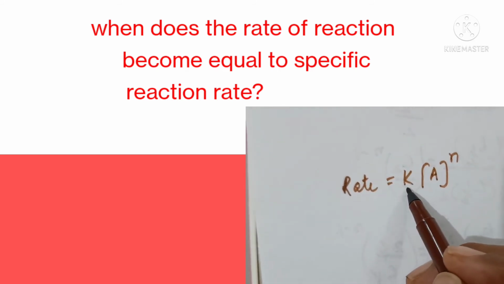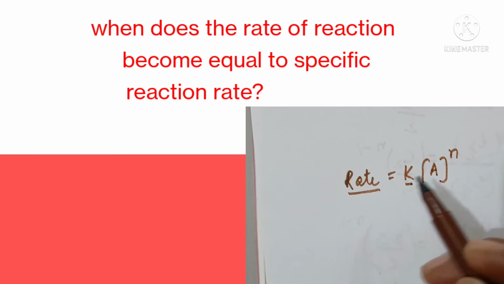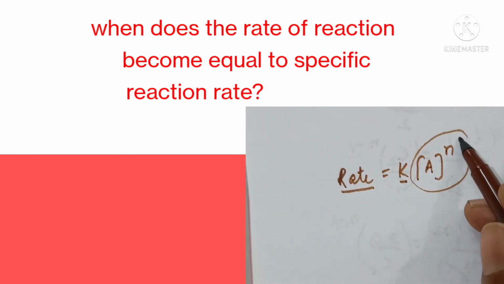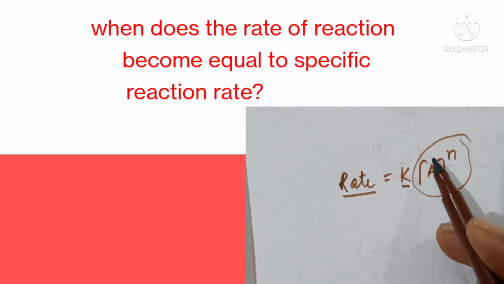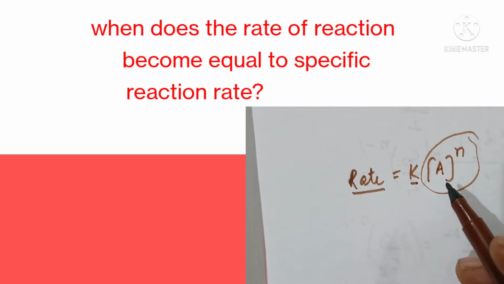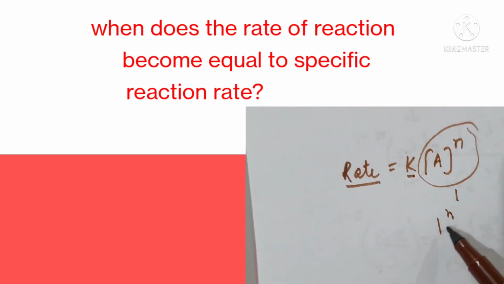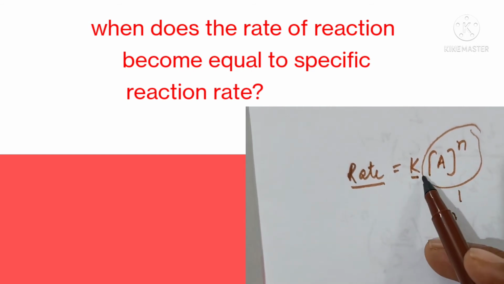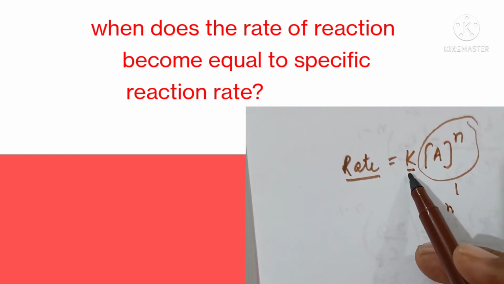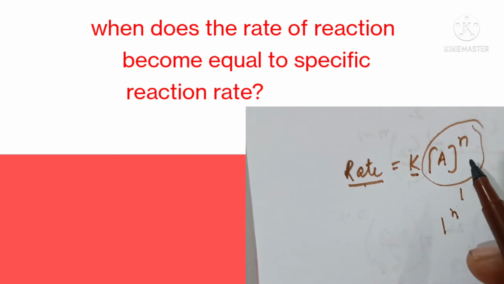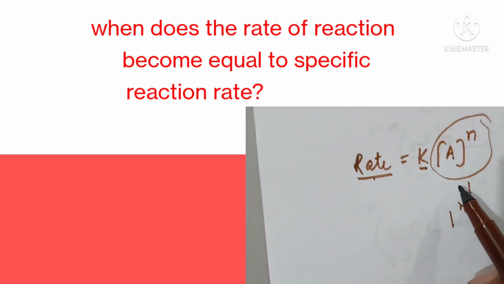So in order that this should become equal to K, this term should be 1. And if concentration is 1, then anything raised to any power is also 1. So the specific reaction rate will be equal to the rate of reaction when the concentration of reactant is unity.